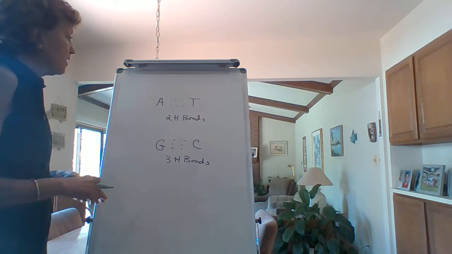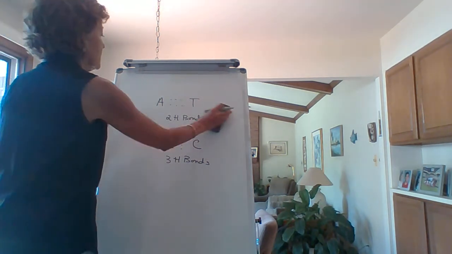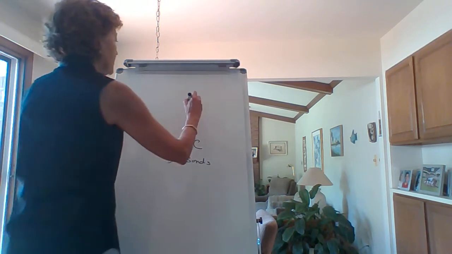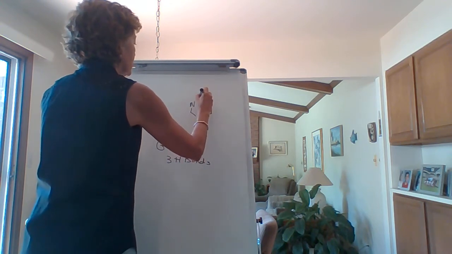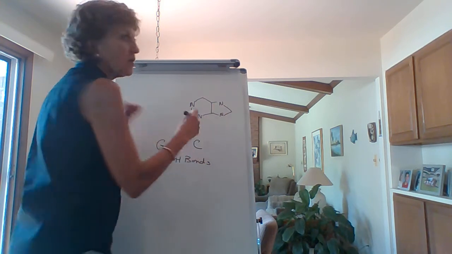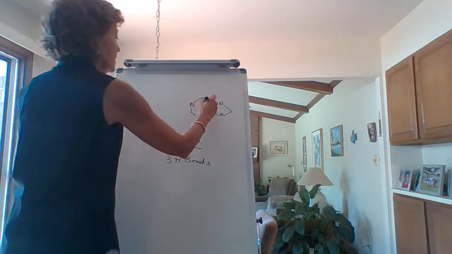Okay? Now, how does that actually look? Well, let me go ahead and draw out an adenine. Here's an adenine. Think of it as an adenosine because it's part of a long chain.